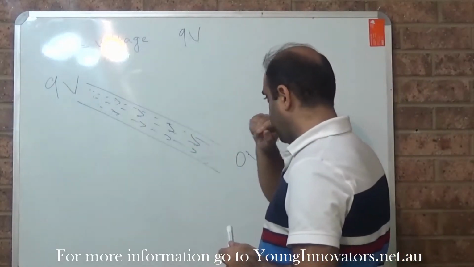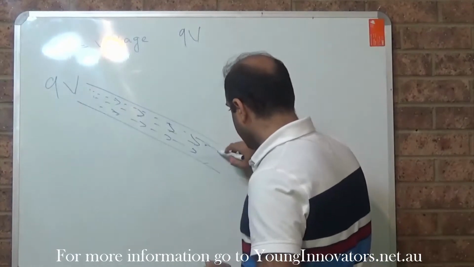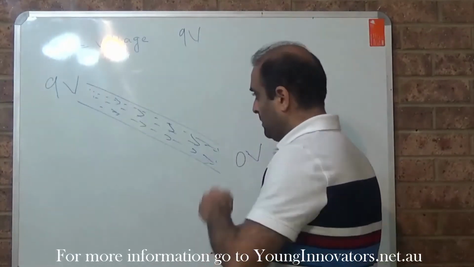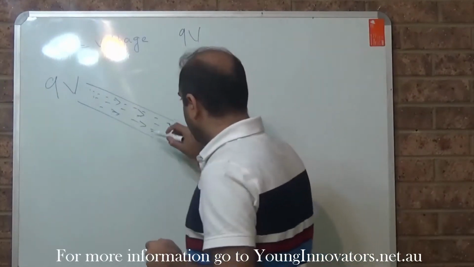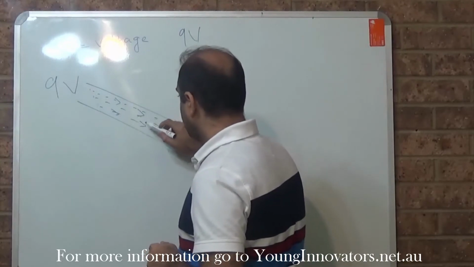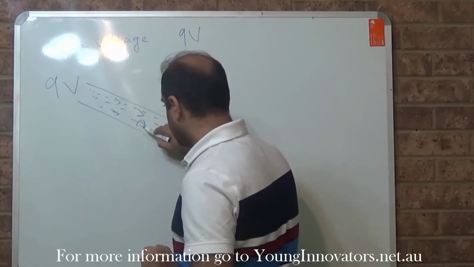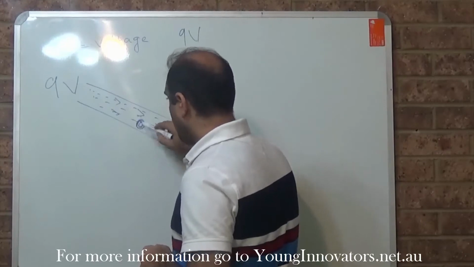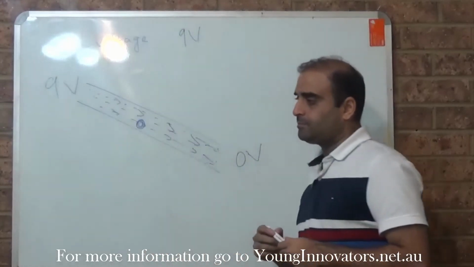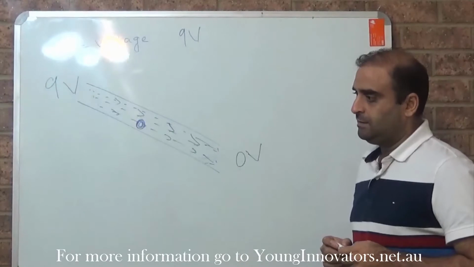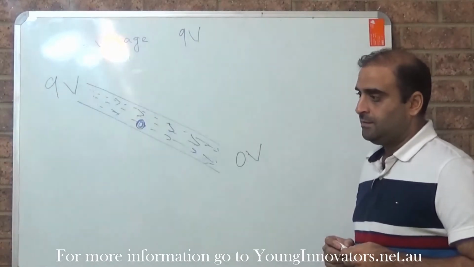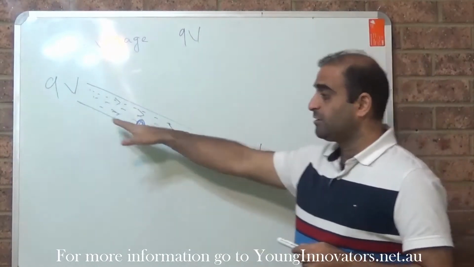I'm trying to explain to you guys in very simplistic terms. If I put a small ball here, what will happen to the ball? Think of this as water flowing from the pipe.